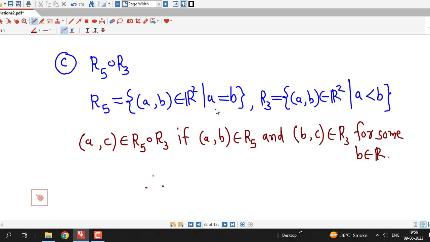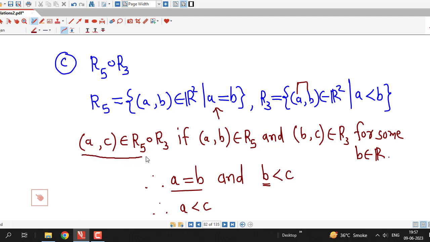(A, B) belongs to R5 gives me that A and B are equal, and (B, C) belongs to R3. In R3 the condition is that A is less than B, that is, the first component is less than the second component. Now here A and B are equal and B is less than C. So if I put B equal to A here, I obtain this condition: A is strictly less than C.